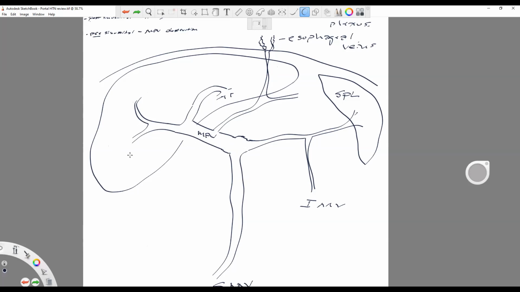Now, if we have a liver that has cirrhosis, we have a different situation. Let me use a different color here to quickly draw in the course from the seagull.